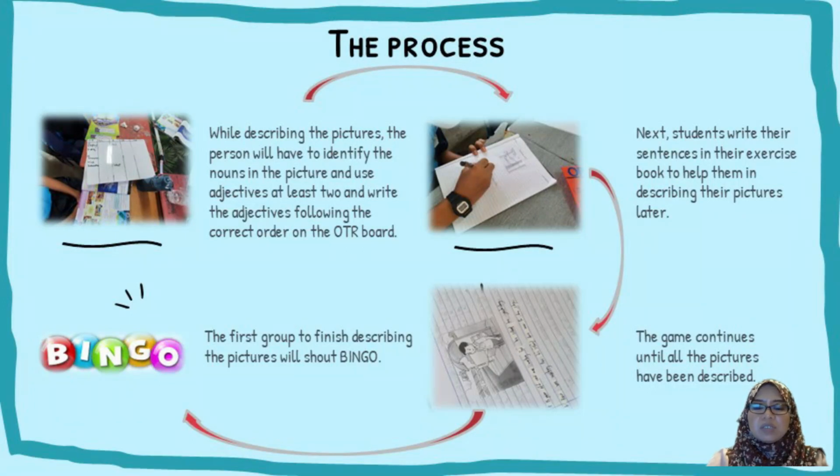Then, students write their sentences in their exercise book to help them in describing their pictures later. The game continues until all the pictures have been described. The first group to finish describing the pictures will shout bingo.